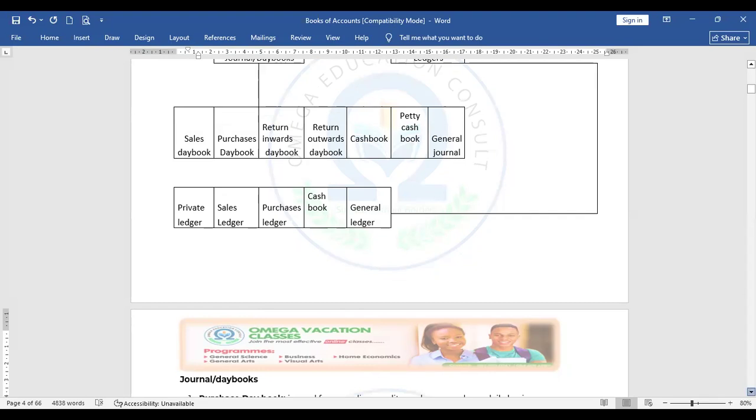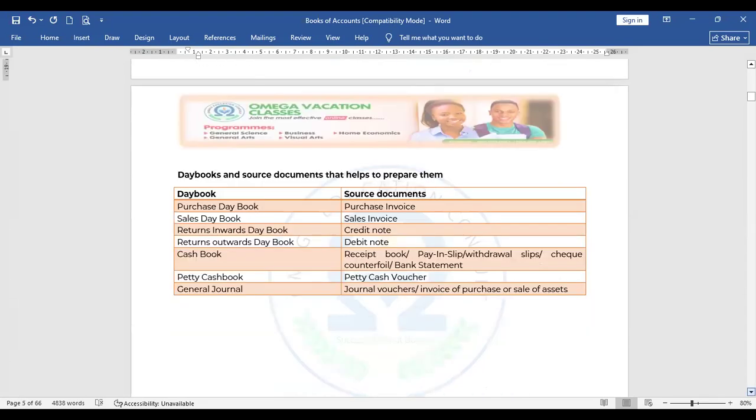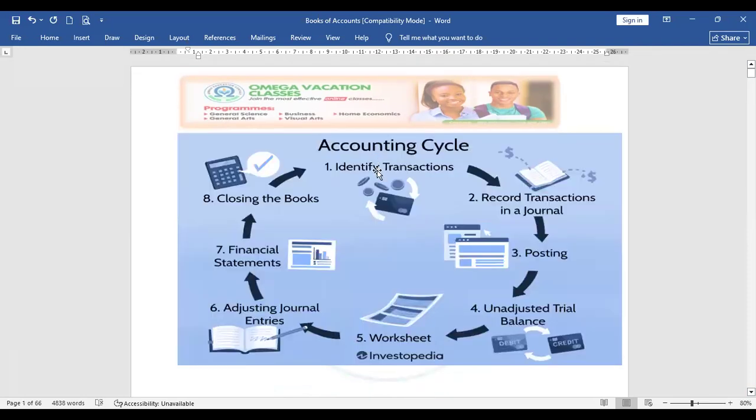Now, one thing I want to make my professors aware of is the fact that if you look at the initial diagram I showed you, the first thing is identifying the transactions. Now, in identifying transactions, there are certain documents that are needed to give proof of the transaction.